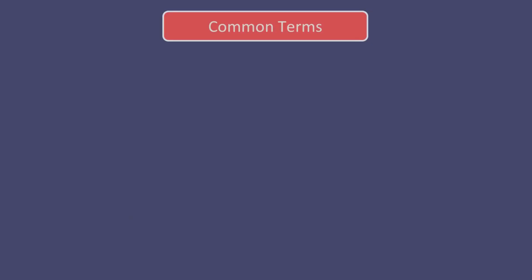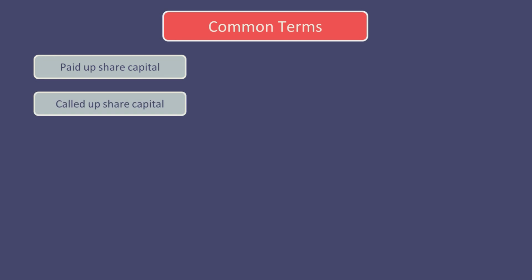Now, let's examine some common terms that will come up either in your exams or your career. You've already looked at issued and authorised share capital, but what do the terms paid up share capital, called up share capital, and uncalled share capital mean? Paid up share capital.